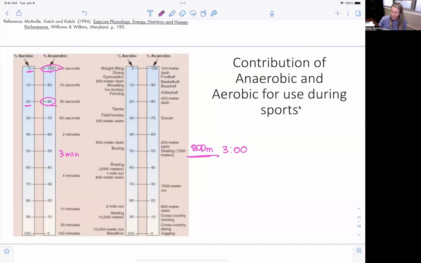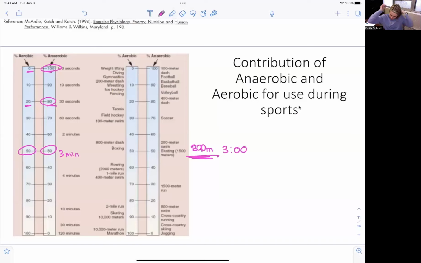The 800-meter run is hard. Those 400-meter hurdles are hard because you are using 50% aerobic and 50% anaerobic. That's a really, really sweet spot physiologically to be working out at. And that's what makes, in my opinion, the 800-meter a really, really difficult race because you're tapping in to both the aerobic and anaerobic.